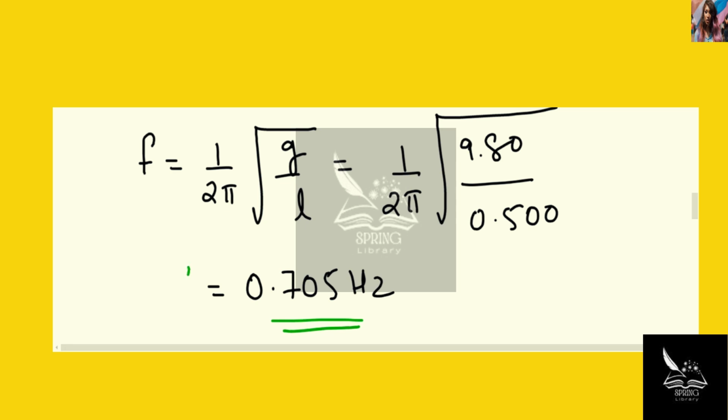So this is the frequency and this is our angular displacement.